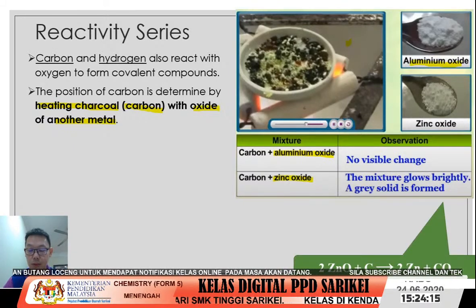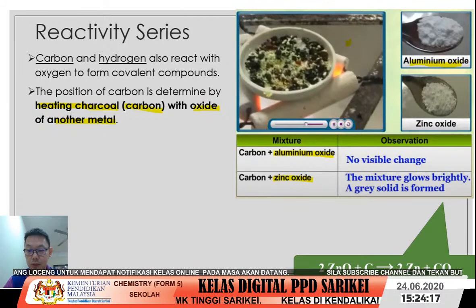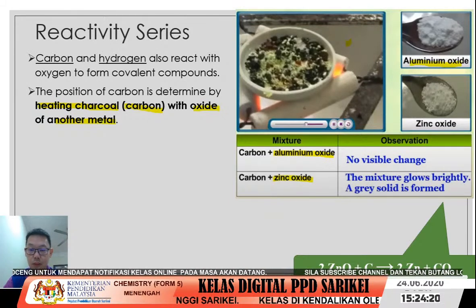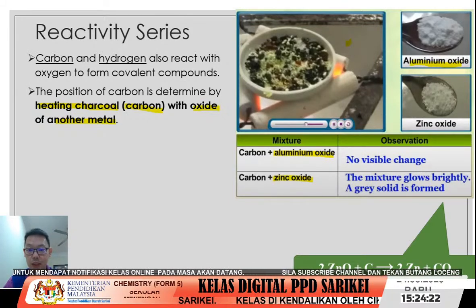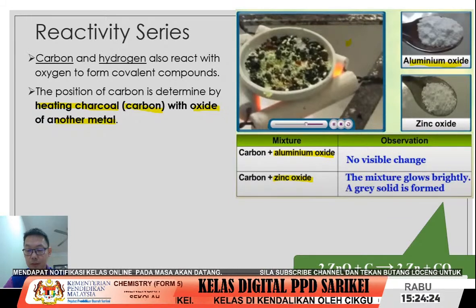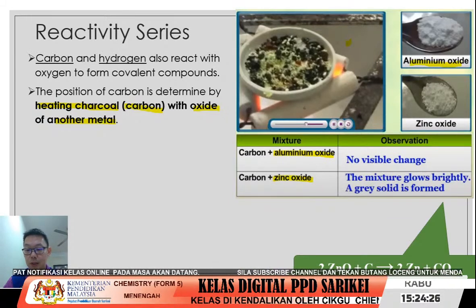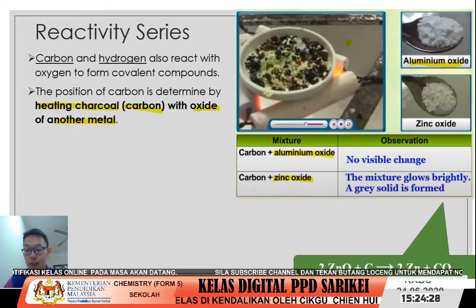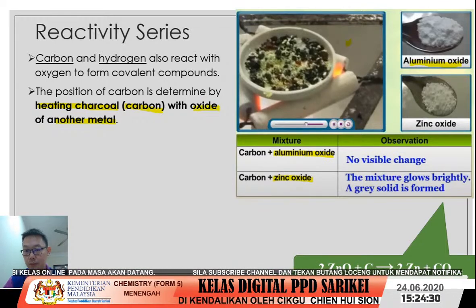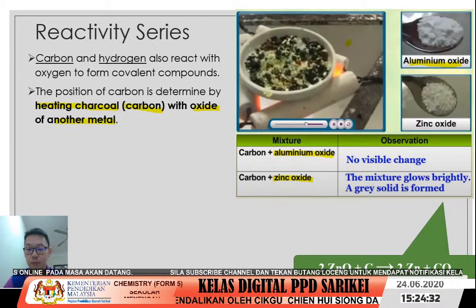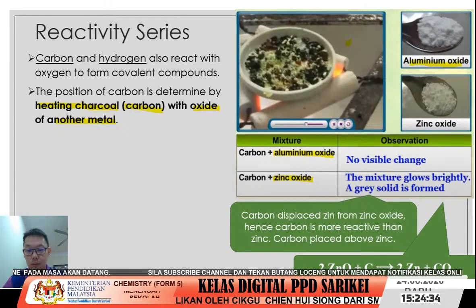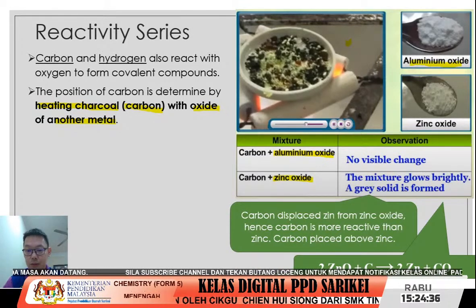Okay, this chemical equation shows the reaction that occurred when a mixture of zinc oxide and carbon is heated. Zinc oxide reacts with carbon, and the oxygen here is taken away by carbon to form carbon dioxide. So carbon displaces zinc from zinc oxide.